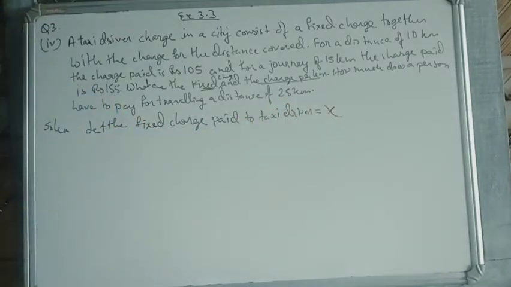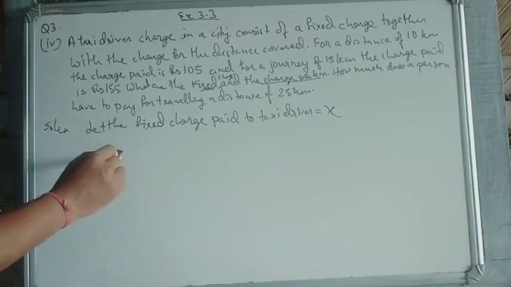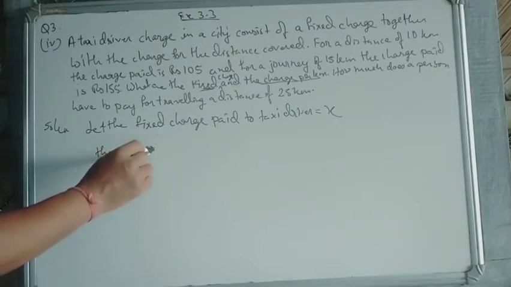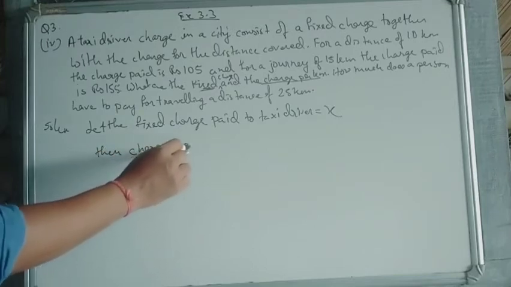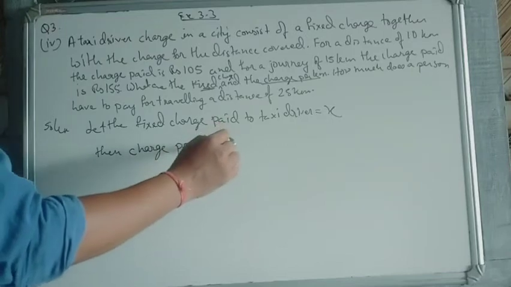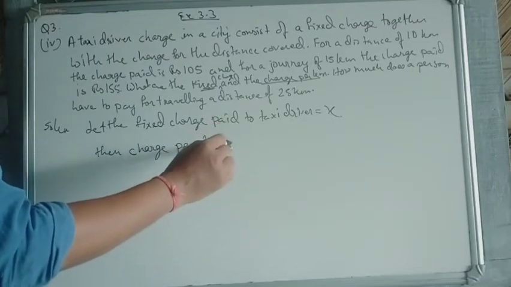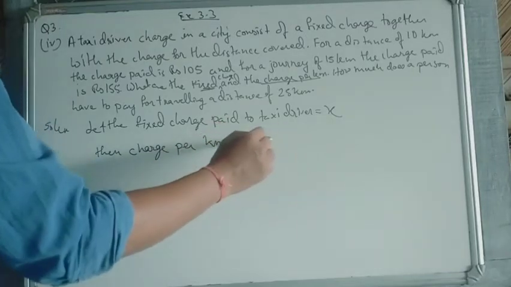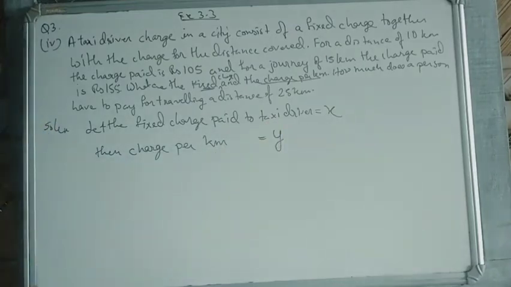Then the charge per kilometer is equal to, we will take y. So we take two variables: one is x, that is the fixed charge, and one is y, the charge per kilometer.